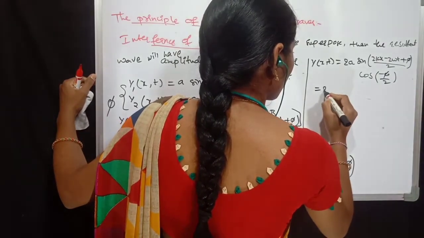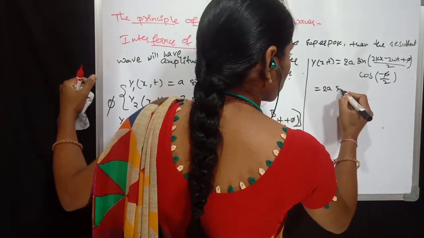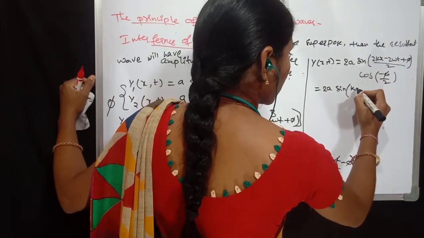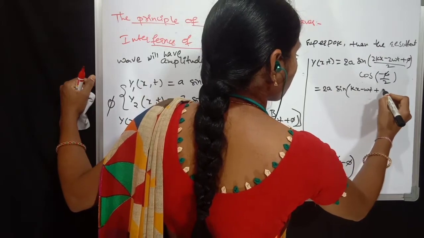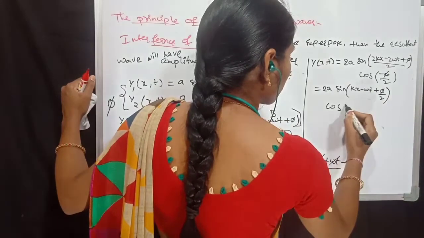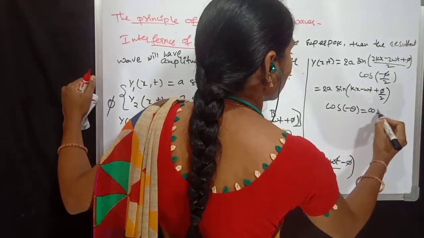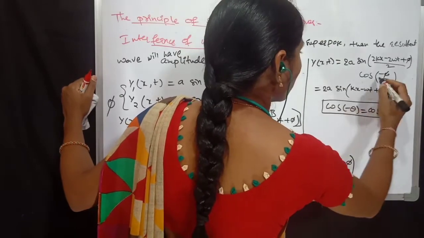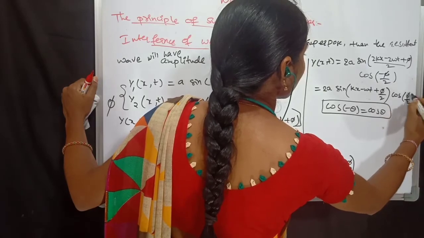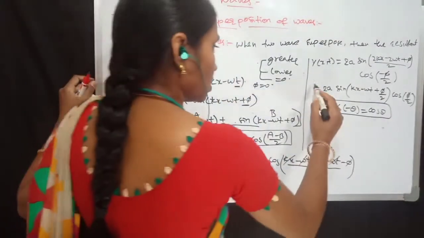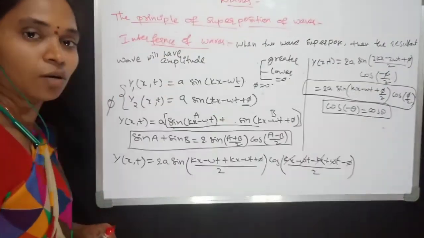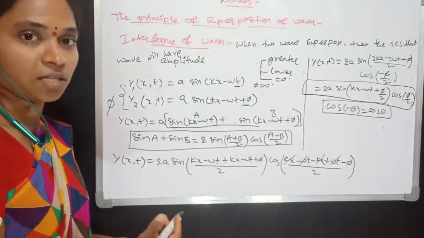This will be equal to 2a times sin of kx minus omega t plus phi by 2, the 2 gets cancelled, into cos of minus phi by 2. What is cos of minus theta? Cos of minus theta is cos theta. Therefore, cos of minus phi by 2 will be cos of phi by 2. This will be the resultant displacement whenever two waves interfere.